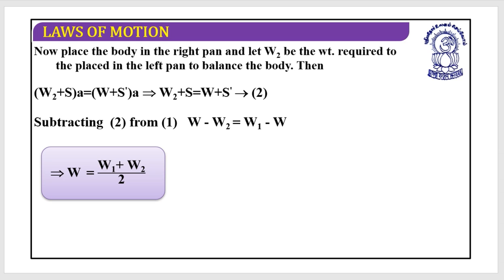Now let's place the body in the right pan, and let W2 be the weight required in the left pan to balance the body.